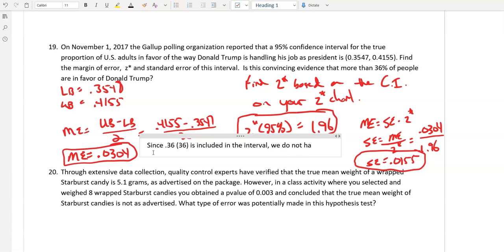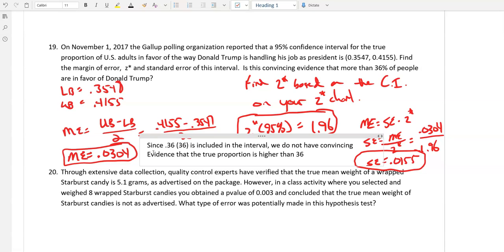we do not have convincing evidence that the true proportion is higher than 36%.